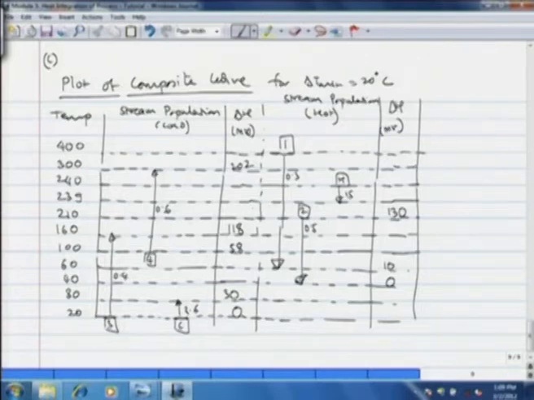Then between 210 and 239 there are 2 streams, number 1 and number 2. So the cumulative enthalpy at 239 is 138.7. So 0.3 plus 0.5 into 29, that is what we have added.